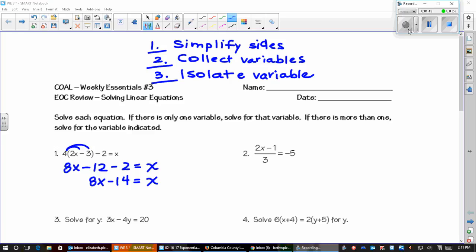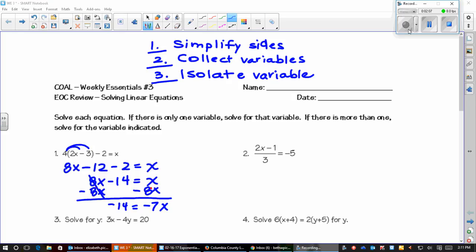Okay, at this point we recognize that we have x's on both sides, so we need to collect them on one side. I am going to subtract the 8x. It is okay to subtract the x from both sides, but I tend to not subtract the x when that's the only thing that's over there. So on the left, I have 0 minus 14, which is negative 14. On the right, I have negative 7x.